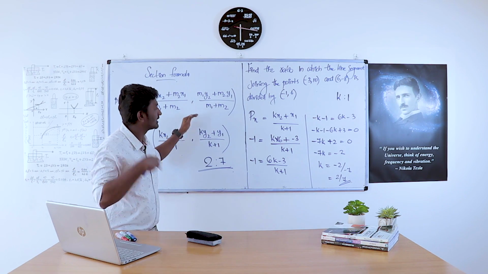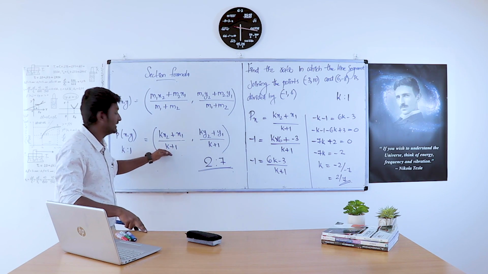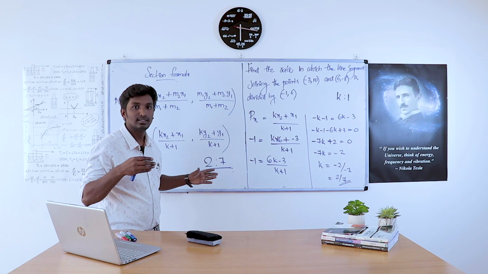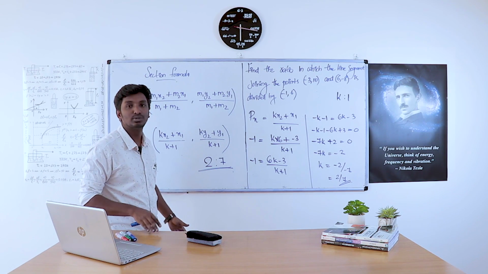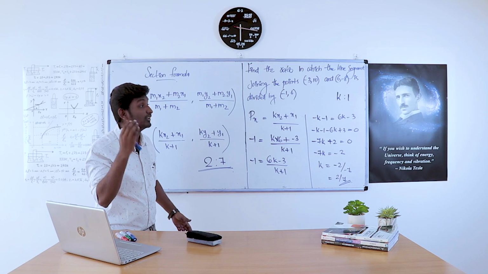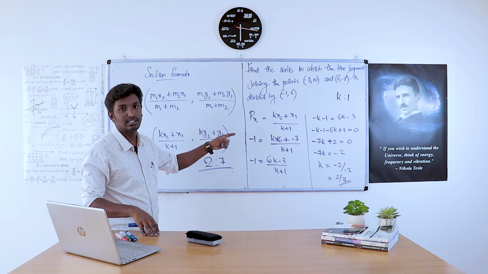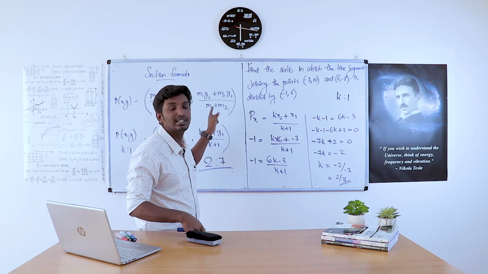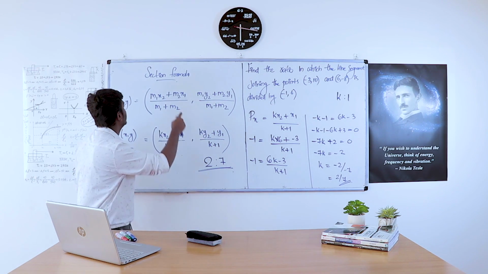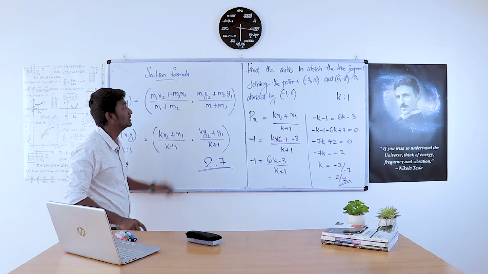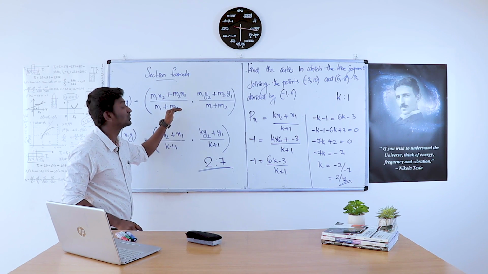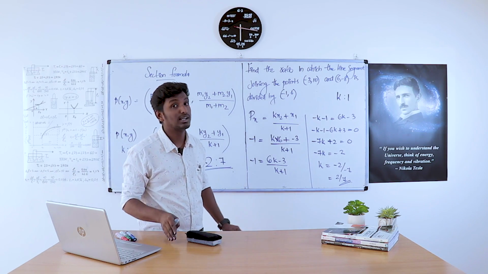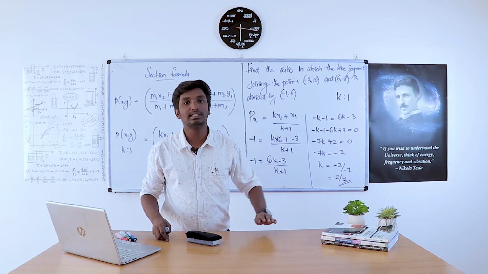Otherwise, I can simply substitute in this equation and find the ratio directly, and show you that the ratio is 2 is to 7. If in the exam you get a question like this, you will first think about the section formula and the ratio m1 is to m2. Finding m1 is to m2 using this equation, you will have total confusion in the exam hall. You will be completely messed up.